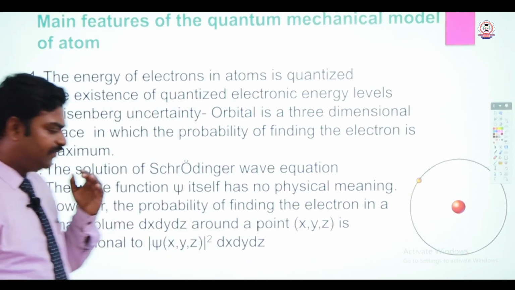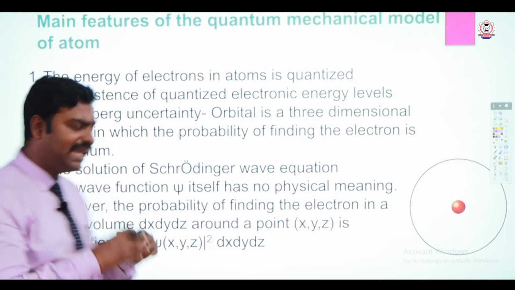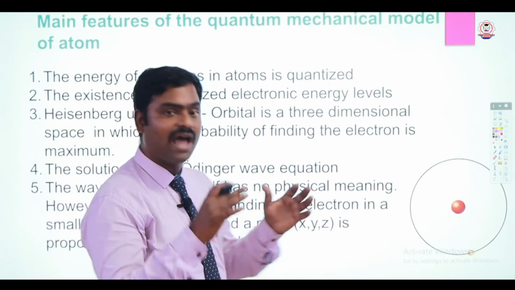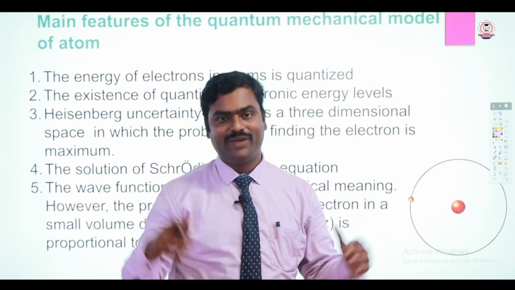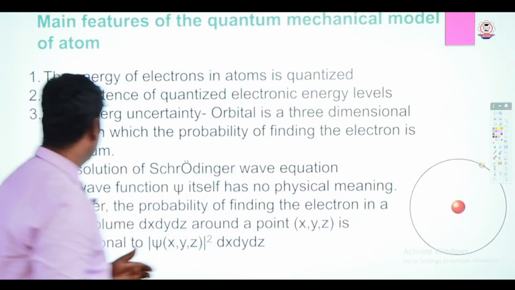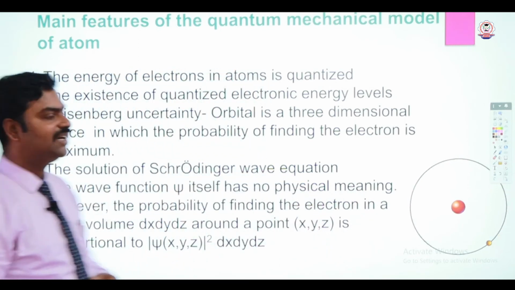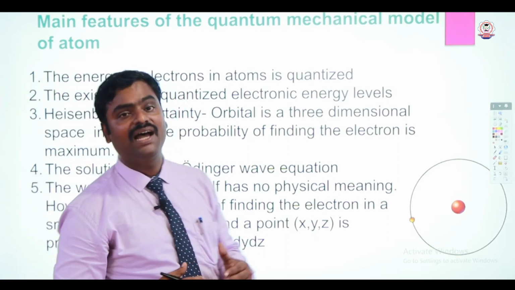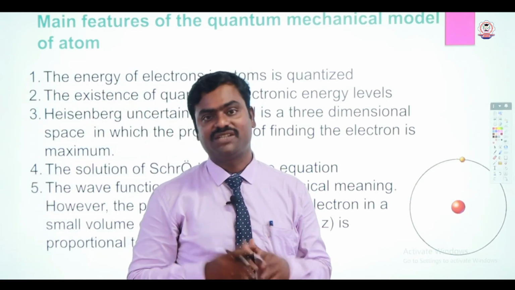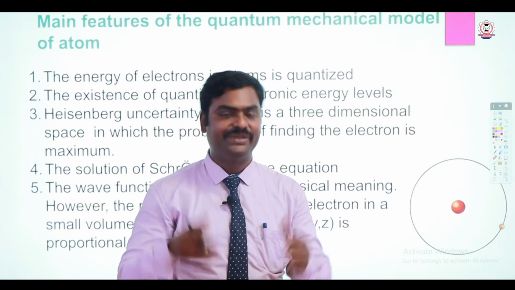Next, we can identify the probability of finding the electron in an allowed orbital using the wave equation. Next, the solution of the Schrödinger wave equation gives us the idea about allowed transitions, allowed energies, allowed orbitals.